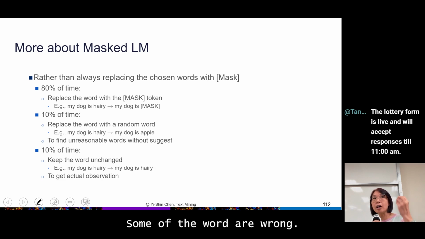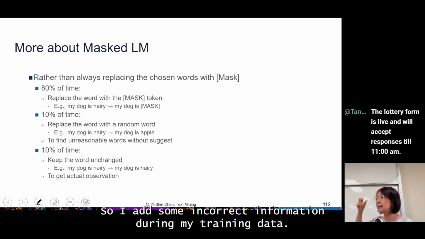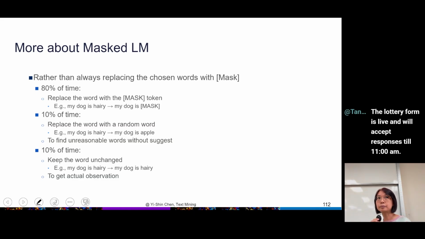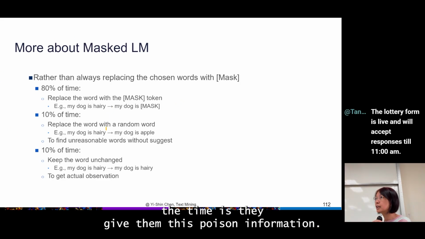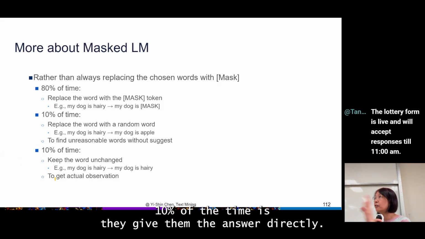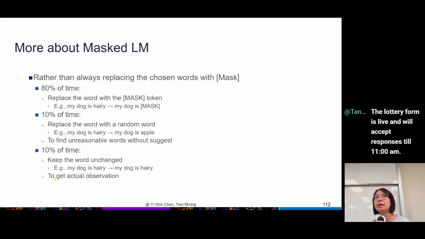Some of the words are wrong, so I add some incorrect information into my training data. The machine needs to know which one needs to be removed. So 10% of the time they give this poisoned information, and 10% of the time they give the answer directly.